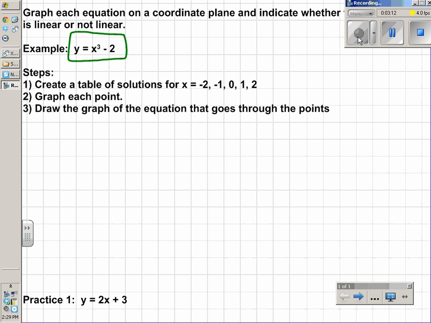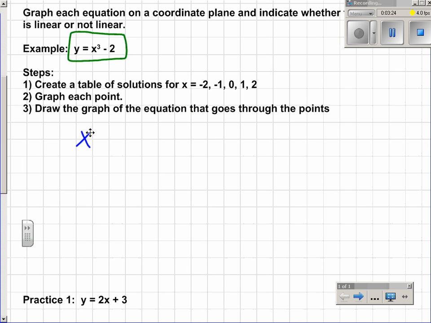In order to solve, we're going to set up a table of solutions. We're going to have our x column, and then the equation itself, x cubed minus 2, and then we need room for the y, and then our x and y values.